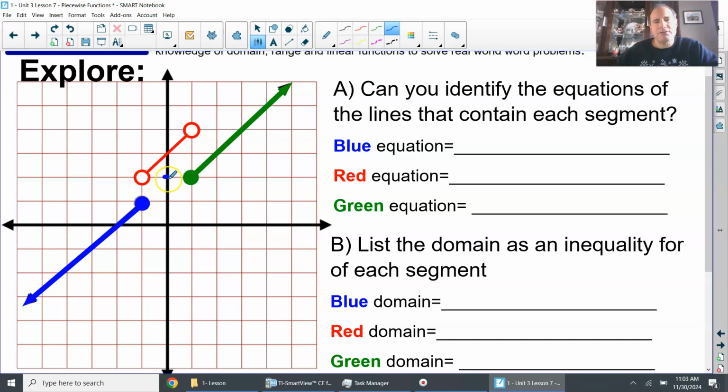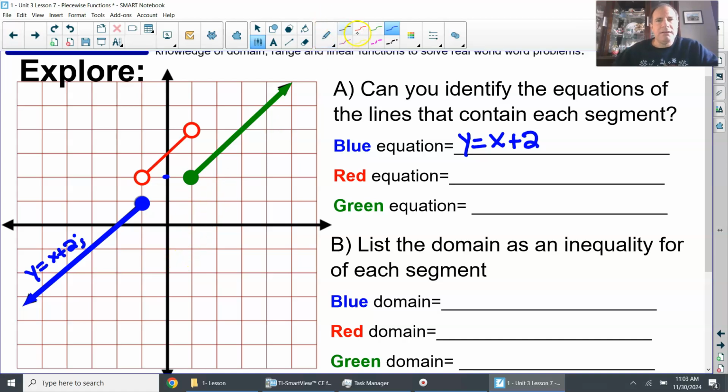So the y-intercept would be 2. So this rise over run is 1. So it's y equals x plus 2. And that's what this would be. And we're going to leave the domain for later.